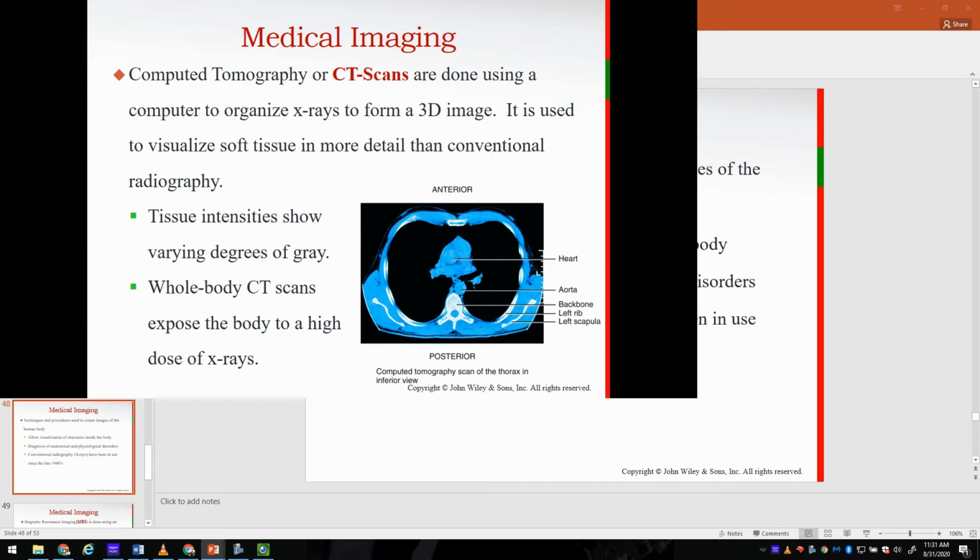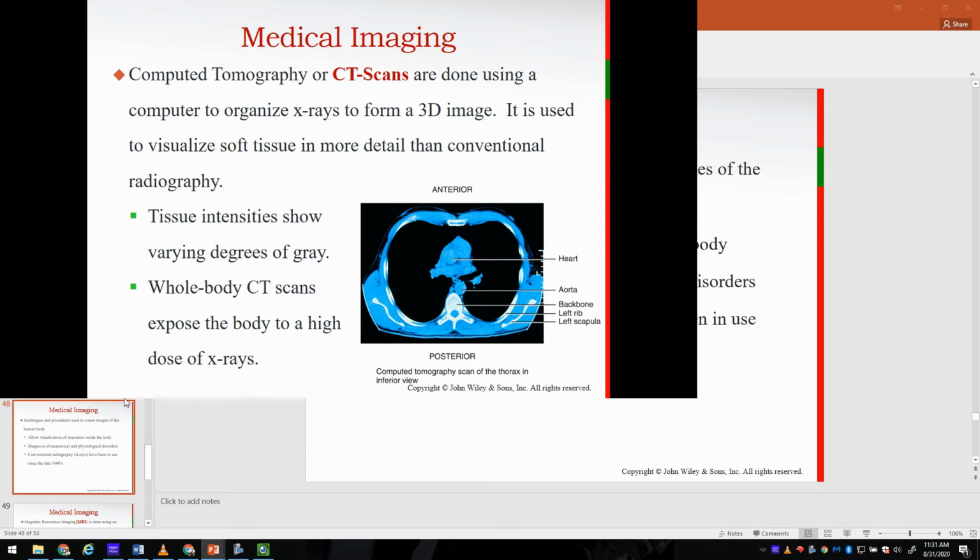So here we have a picture of a CT scan, but notice the lungs are not in this picture for whatever reason. Clearly they should be right here, but we're looking at the heart, which is soft tissue, but the lungs are not visible, and a lot of the blood vessels are not visible. The large blood vessels off the heart are not visible in this scan.